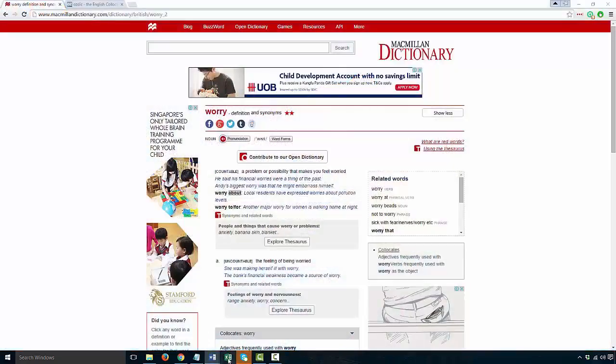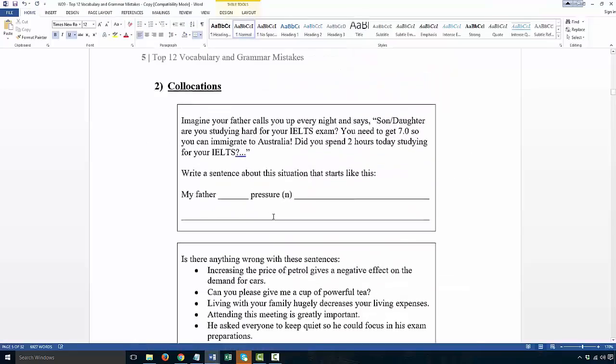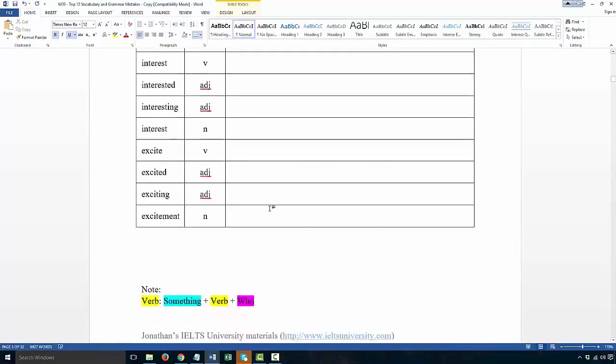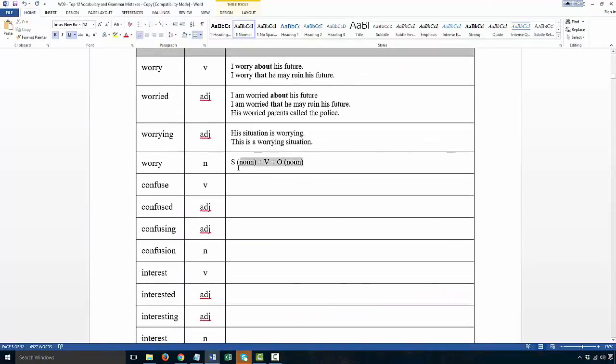So in the sentence, we could write, my mother expressed, past simple tense, worries. Now probably you're going to put the S. Worry is countable, and normally in general, so you're just going to put S. Express worries about his late nights. He spends a lot of time outside late and doesn't come home early.